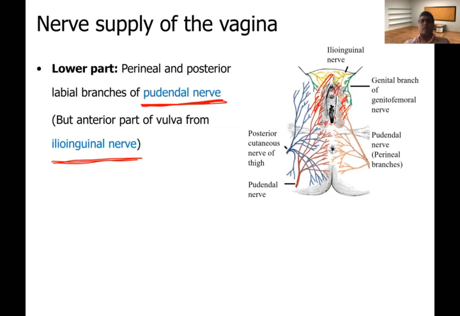Now the important point here is that during childbirth, to relieve pain, sometimes a local anesthetic injection is given to the pudendal nerve, and the pudendal nerve is blocked at the ischial spine. You know what the ischial spine is?